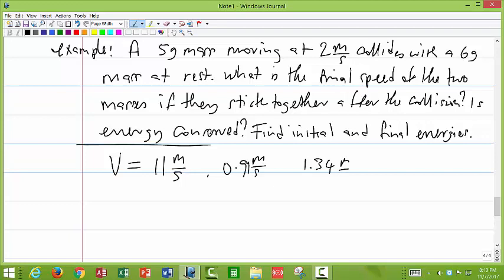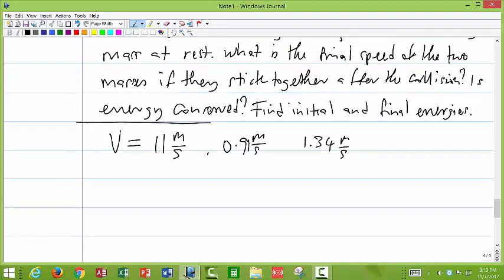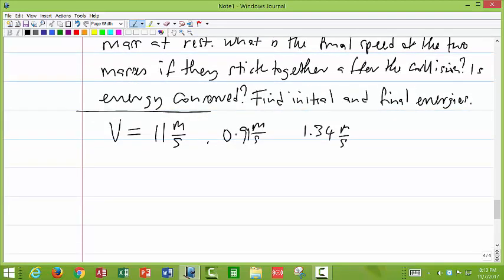Okay. We can have both answers, but we don't know why both answers. Oh, I see what you guys are doing. One is from momentum conservation and another is from, well, in this case, energy.